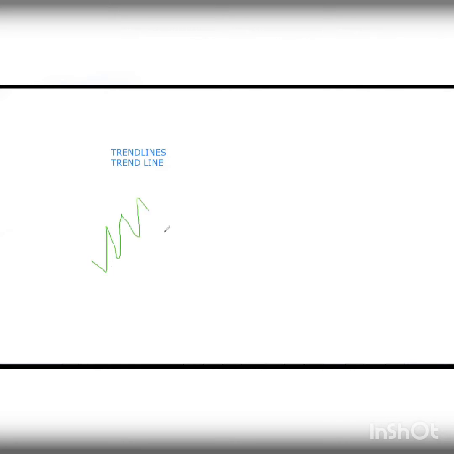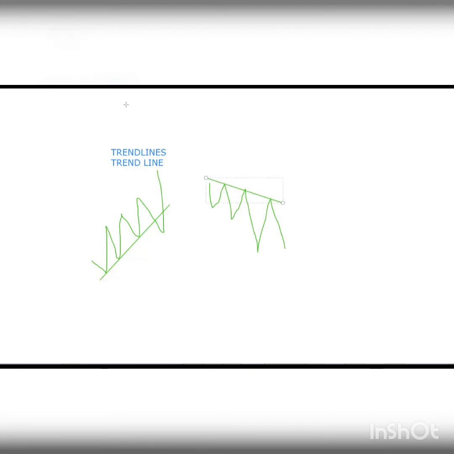I don't know why my line is not straight, but you'd have to manage me like that. So this line we are having here, never straight, is the trend line, and this line we're having here is the trend line.